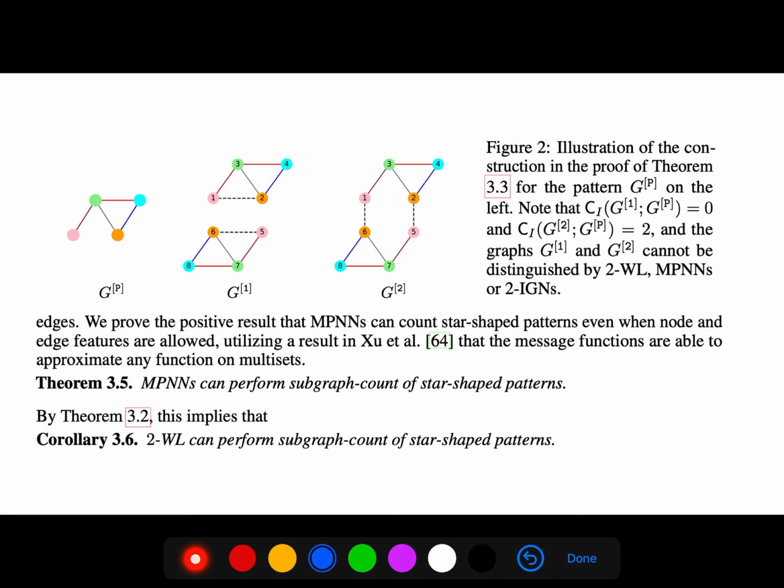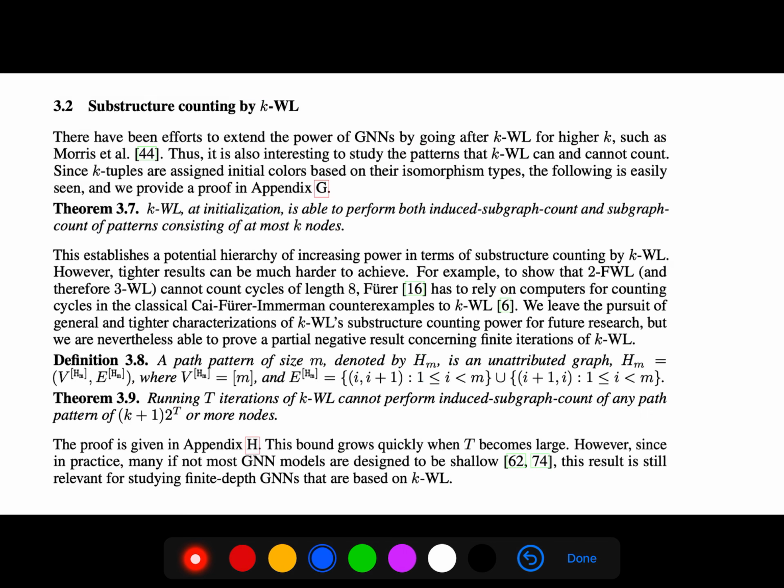Another theorem is that message passing neural networks can perform subgraph count of star-shaped patterns. Also, another theorem says KWL at initialization is able to perform both induced subgraph count and subgraph count of patterns consisting of at most K nodes.